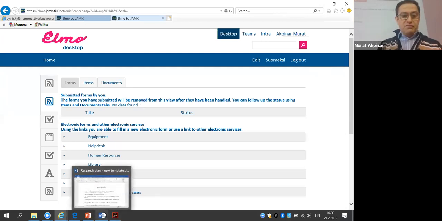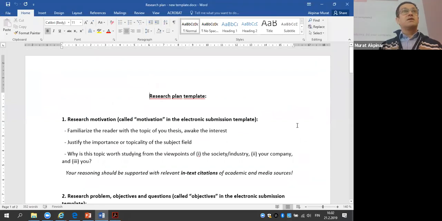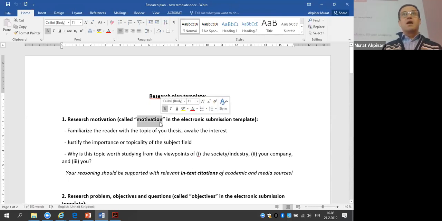The proposal form that you will see there is actually the same template that I will be sharing with you as a Word document. In that, the first one will be called motivation, and you will see there the instructions that you see here in the Word document.